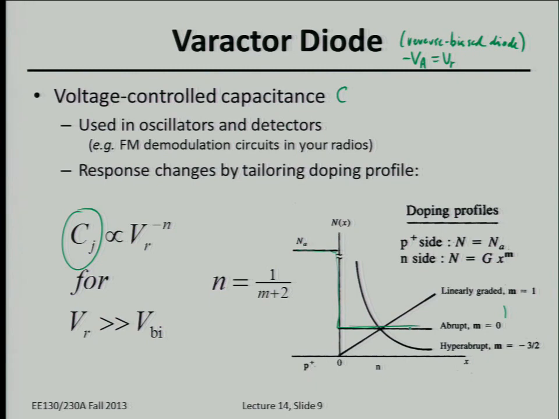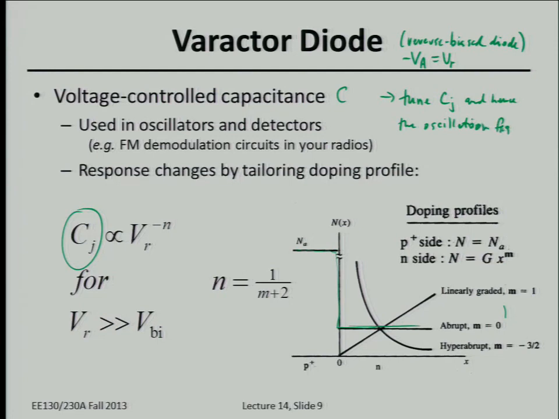So then we can adjust the dependence of the junction capacitance on the applied reverse bias. But in any case, you can tune the small signal capacitance, okay? And hence the frequency of an oscillator, or oscillation frequency of a circuit.